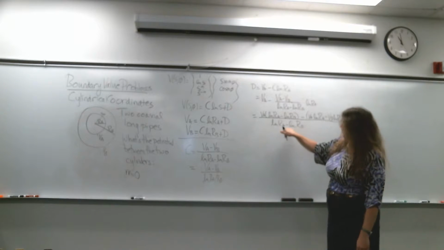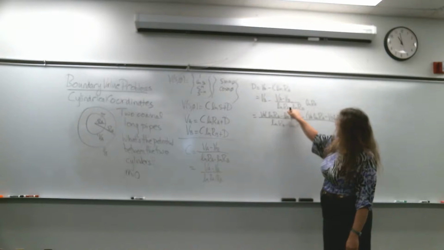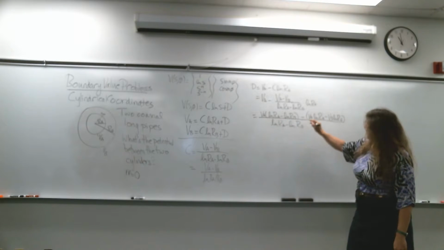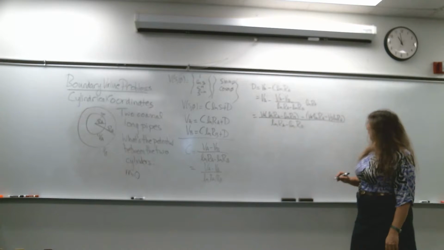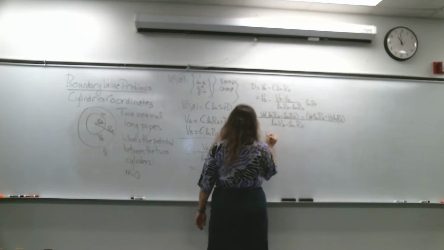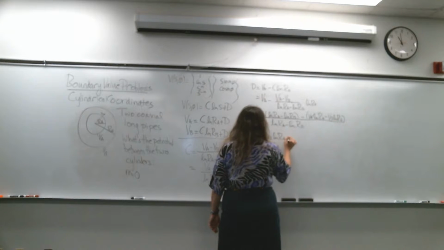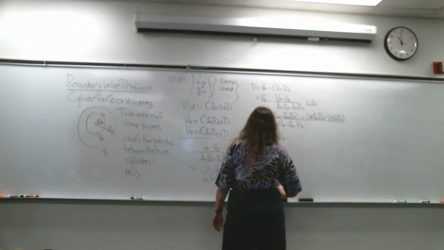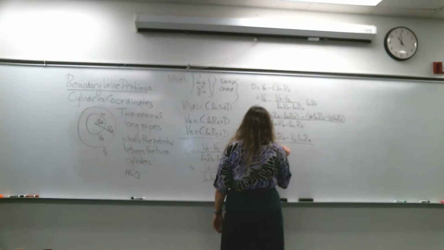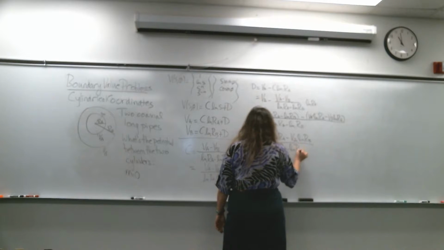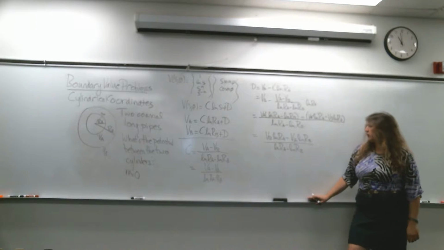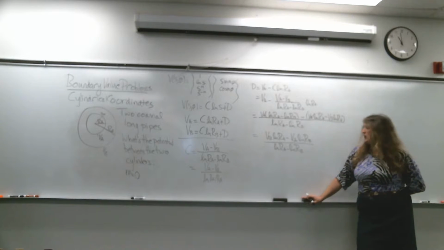So I'm going to multiply by natural log of RA minus RB, numerator and denominator for VA. And see, this term cancels with this one, and we are therefore left with VB times natural log of RA minus VA times natural log of RB, all over natural log of RA minus natural log of RB.